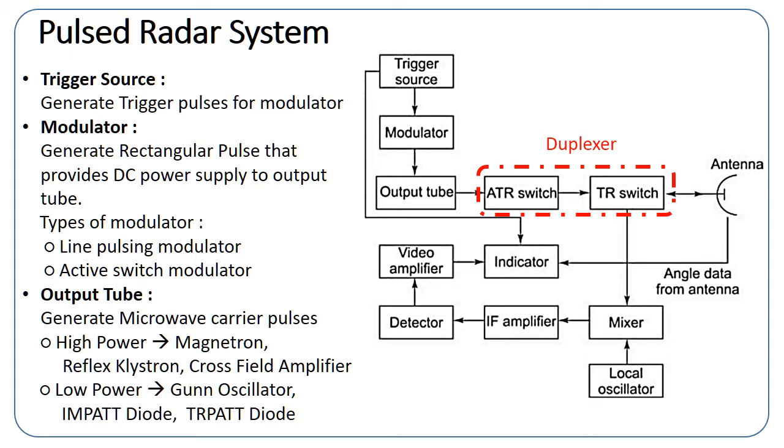So it can be high power microwave tubes such as magnetron, reflex klystron, or cross field amplifiers, or there can be a low power microwave generator such as gun oscillator, impact diode, rapid diode, etc., depending on the application. The signal from the output tube is then passed through the duplexer to the antenna.